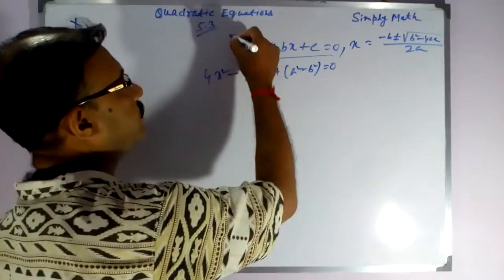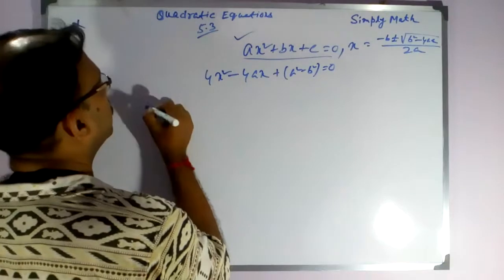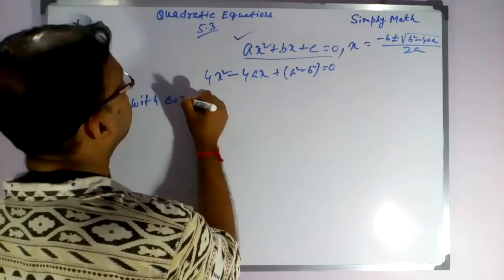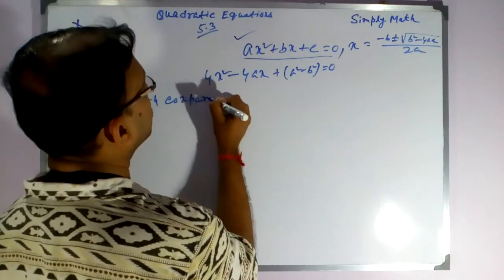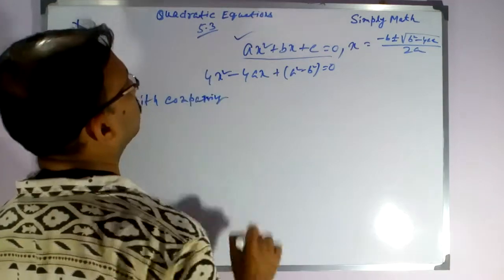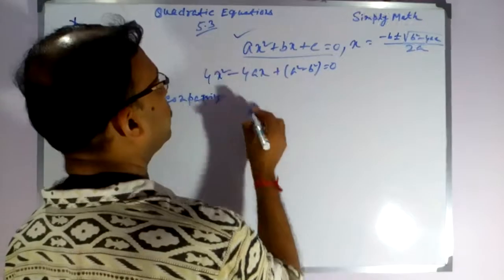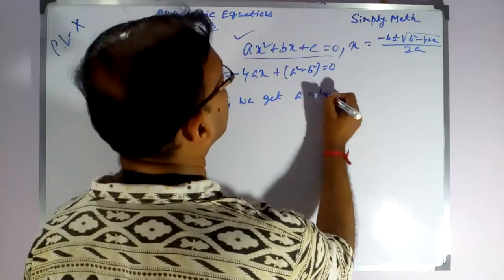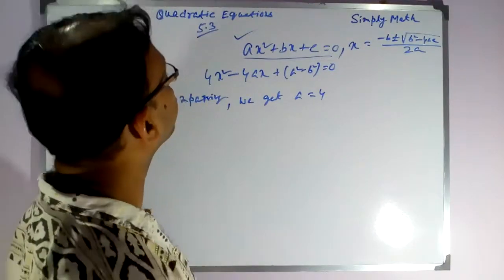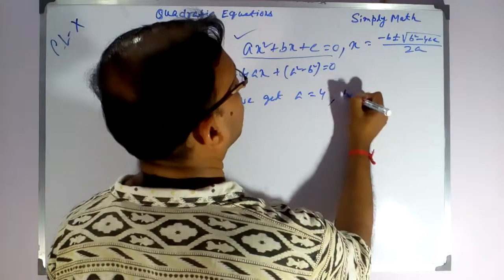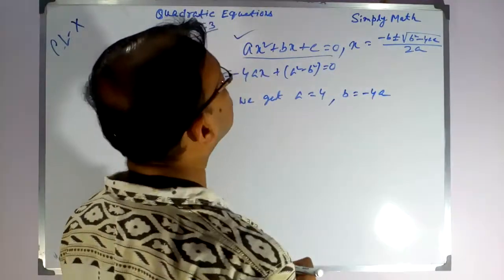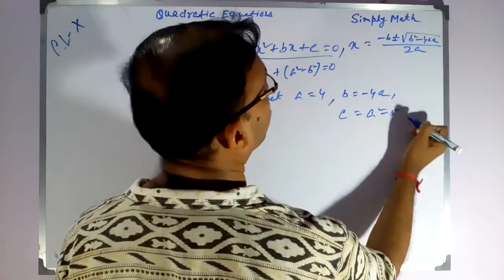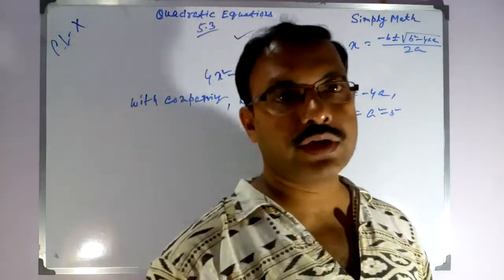Now we compare with this equation. What do we get? We get a is equal to 4, b is equal to minus 4a, and c is equal to a square minus b square. So what is the solution?